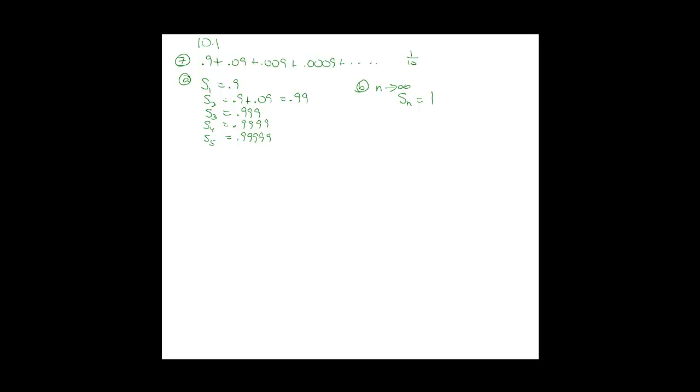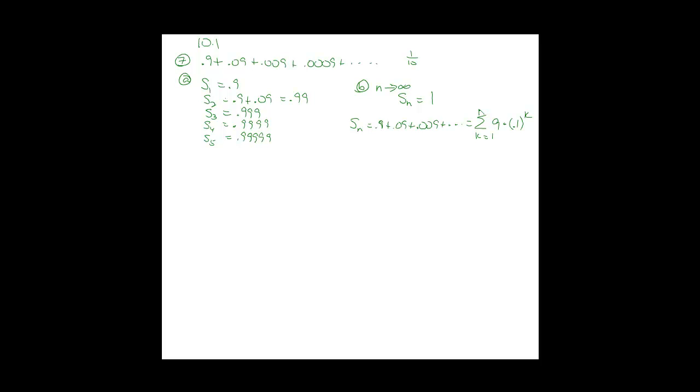Now we have a formula for that, for summations, and it is in your book, but I want to pick out the most important parts of this. Before I give you the formula, if I just go back to that S sub n, it would be 0.9 plus 0.09 plus 0.009 plus ... all the way out to, and that would be the sum of 9 times 1/10, we'll call it a k, as k goes from 1 to n.